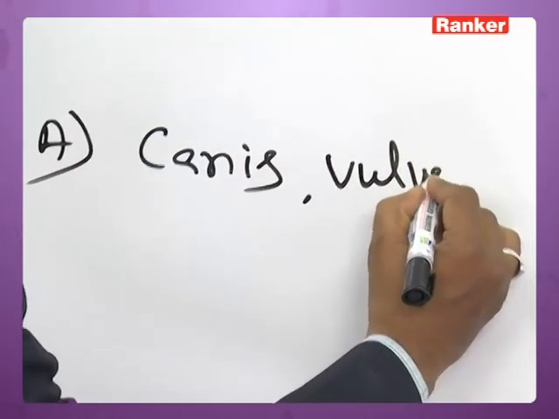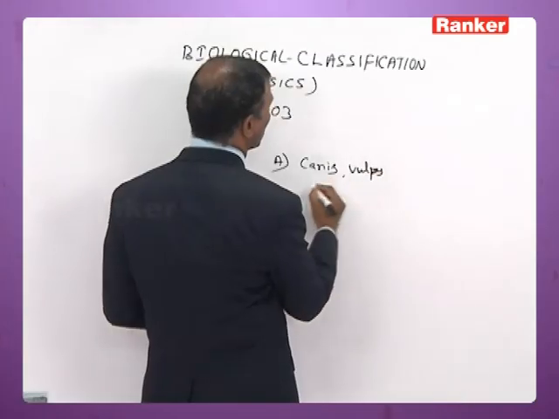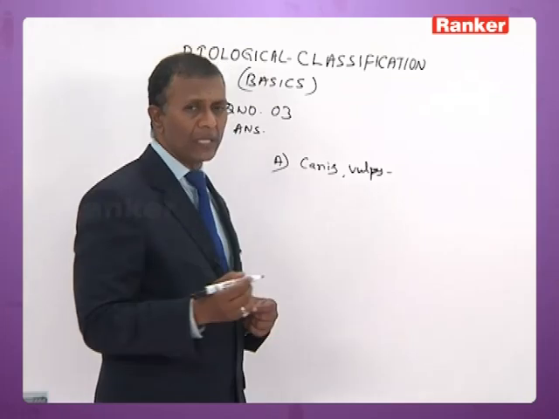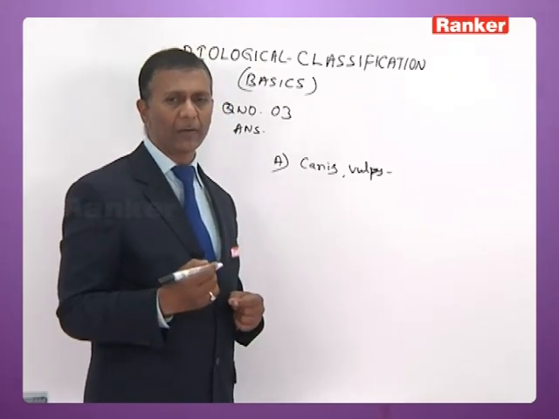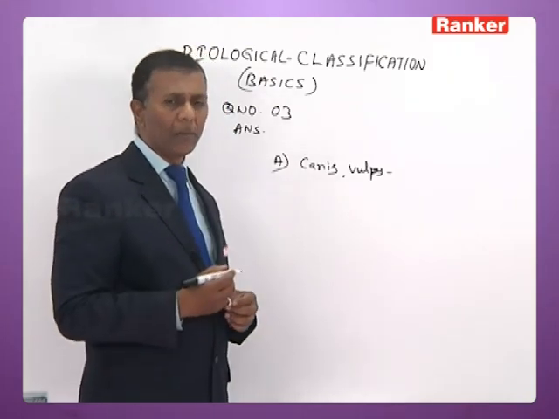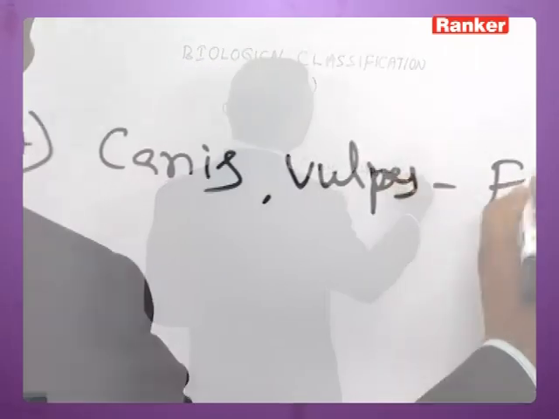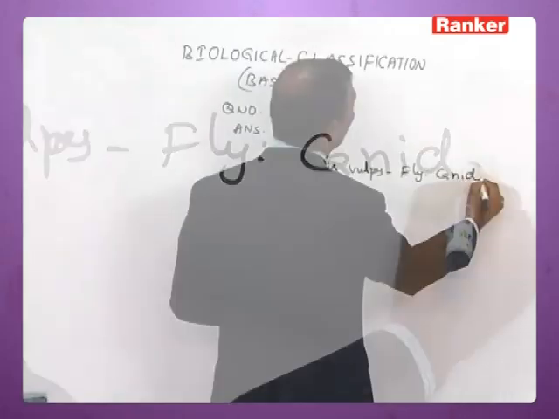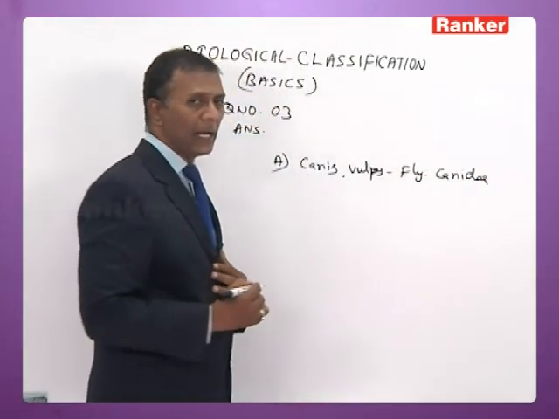Vulpes is the genus of fox. When they belong to the same family, they are placed under a single family. Both dog and fox belong to the family Canidae.